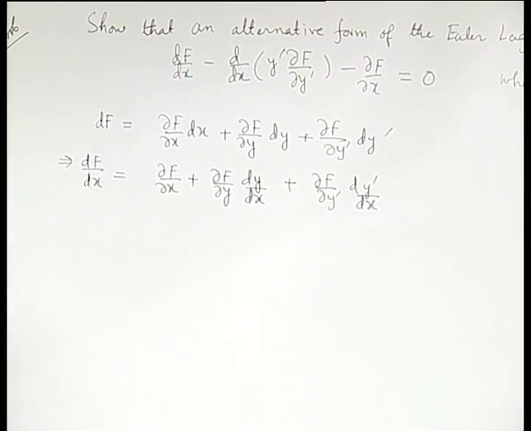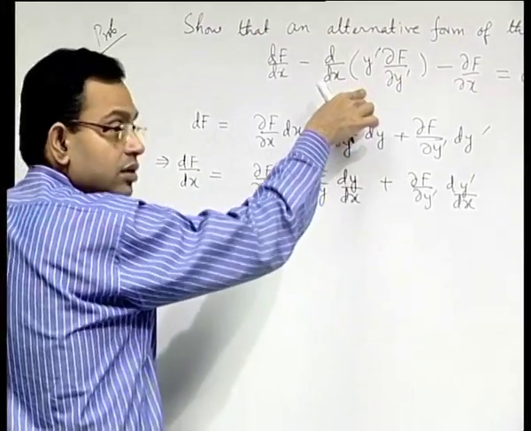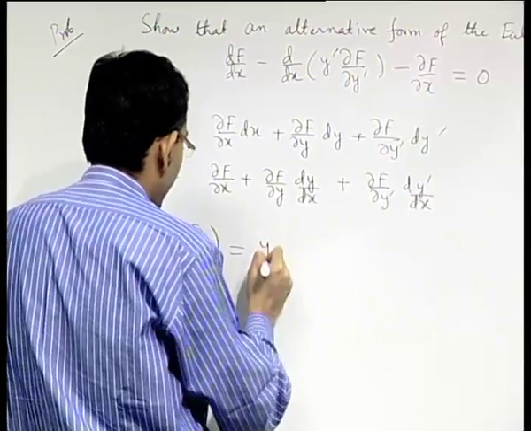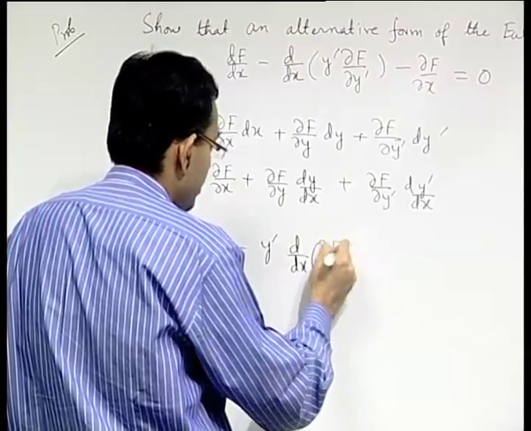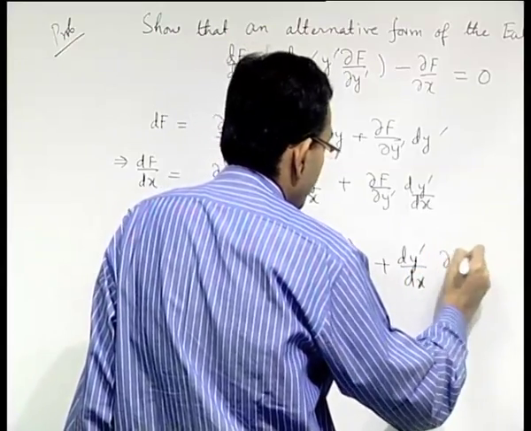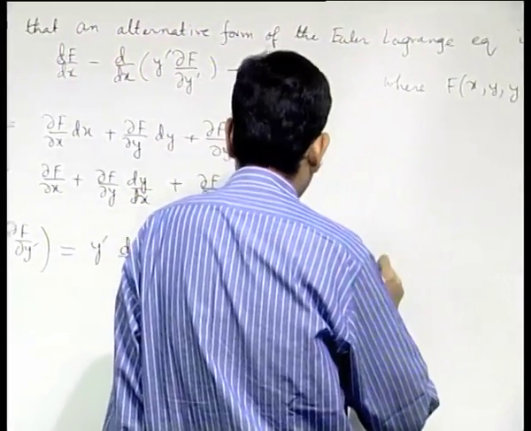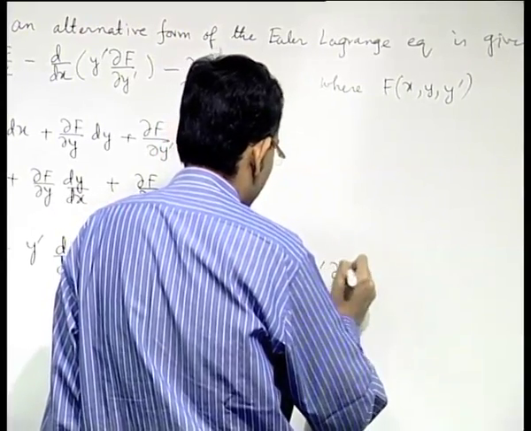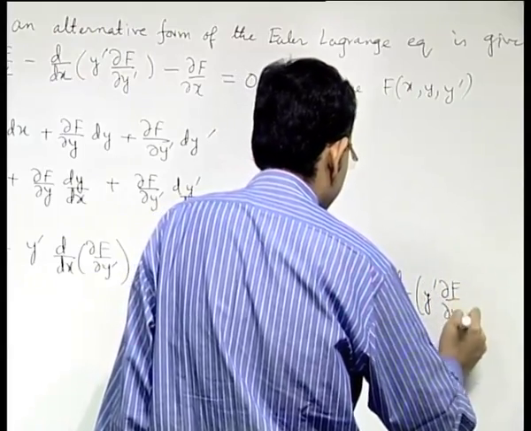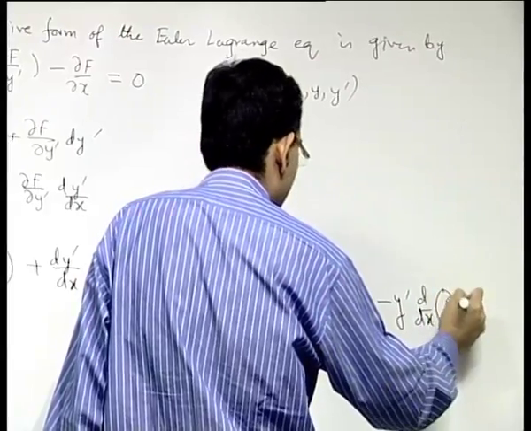We can simplify the last term by noting that d dx of y dash del f del y dash, which is one of the terms that we have to incorporate in the derived equation, is nothing but y dash into d dx of del f del y dash plus dy dash dx into del f del y dash, which implies that dy dash dx into del f del y dash is equal to d dx of y dash del f del y dash minus y dash d dx of del f del y dash.